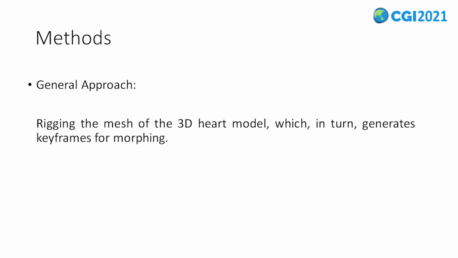The general approach consists of developing a graphical interface which performs the heartbeat simulation, which is essentially an animation process. It consists of using the 3D software Autodesk Maya for rigging the mesh of the 3D heart model, which in turn generated keyframes for morphing.